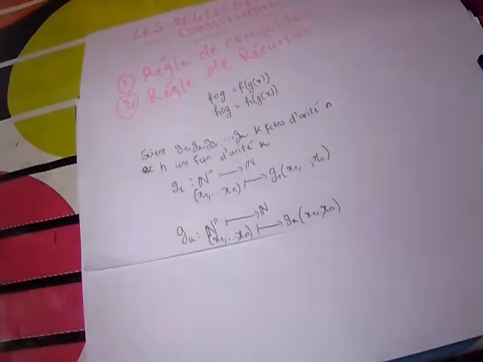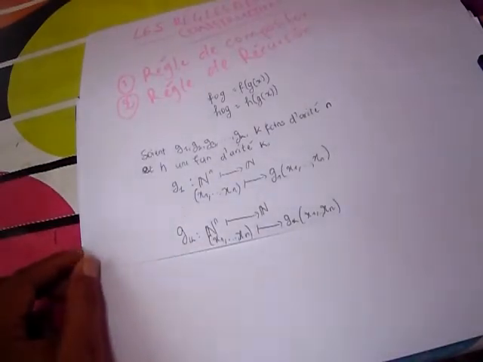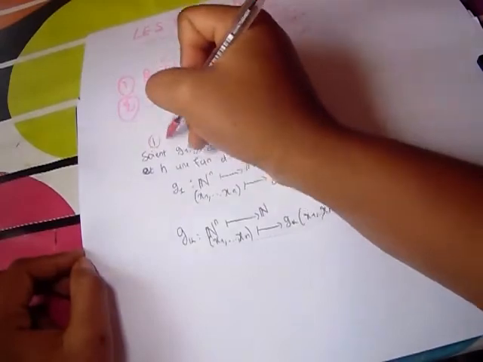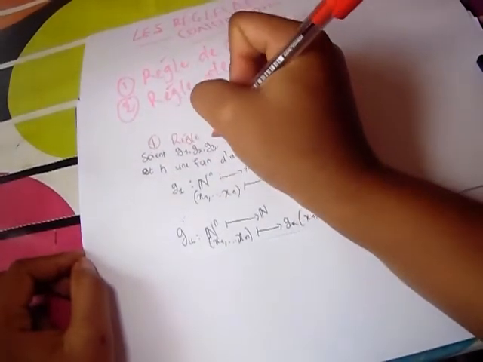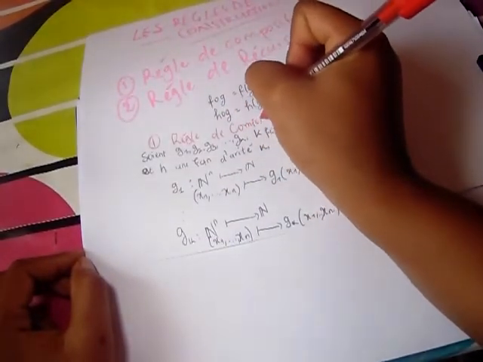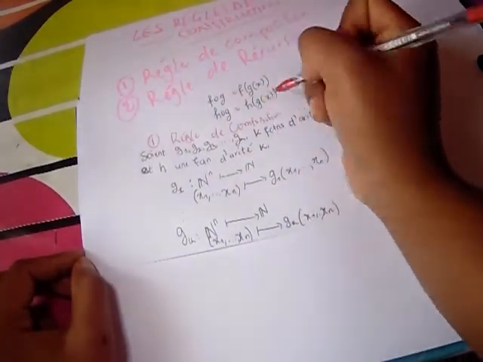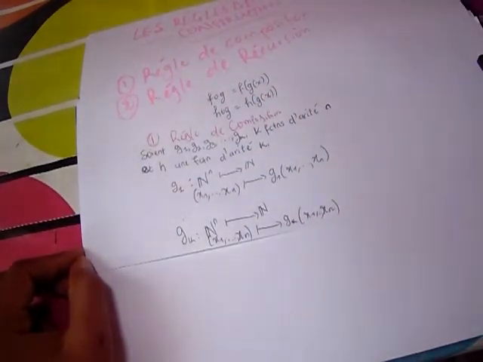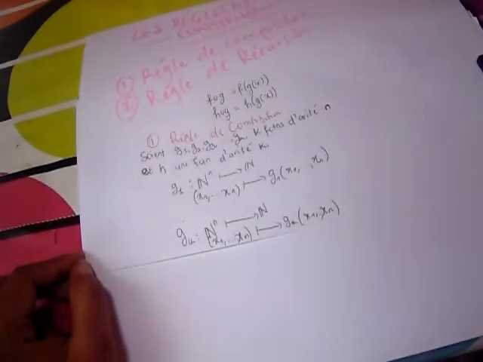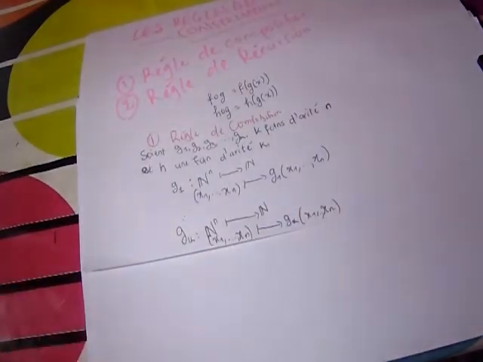For the règle de composition, which is what we're treating now, I should make it the heading. Looking at the règle de composition, its definition is given g1 and g2 up to gk k fonctions d'arité n, and h is a function d'arité k.